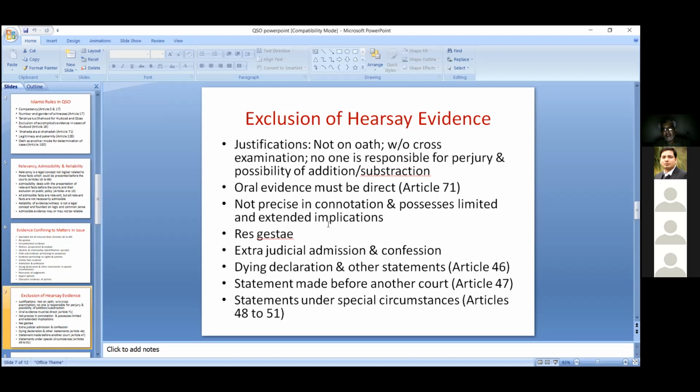One is that hearsay evidence was not before the court, so it was without oath, and the opposite party didn't have any opportunity to cross-examine, and then there was the possibility of perjury or mixing up that evidence. And when somebody has narrated false evidence before the court after hearing it from somebody else who is not before the court, he might add to it or he might subtract from that evidence.